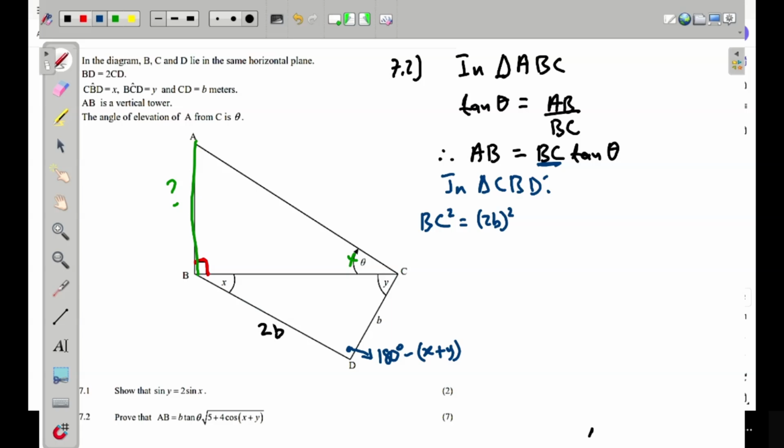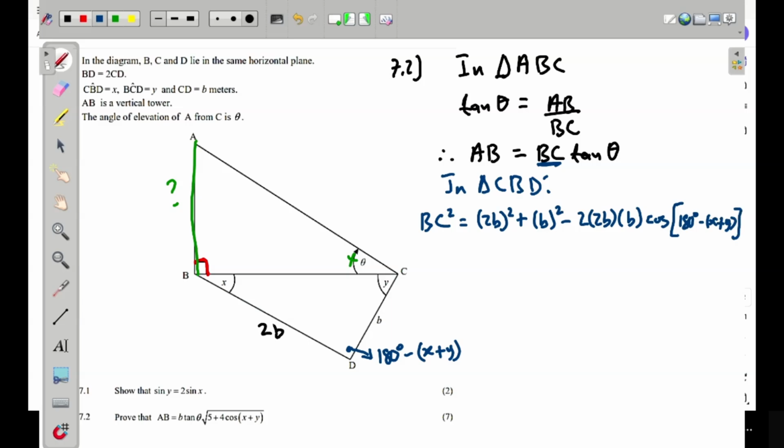I usually say brackets save lives, and I promise you, putting brackets around 2b will help you a lot. So (2b) plus (b) squared, you see, even if it's just one letter, but for safe practice, I'm going to put brackets around that b as well. Minus 2 times 2b times b, and I must take the cosine of 180 minus the sum of x and y.